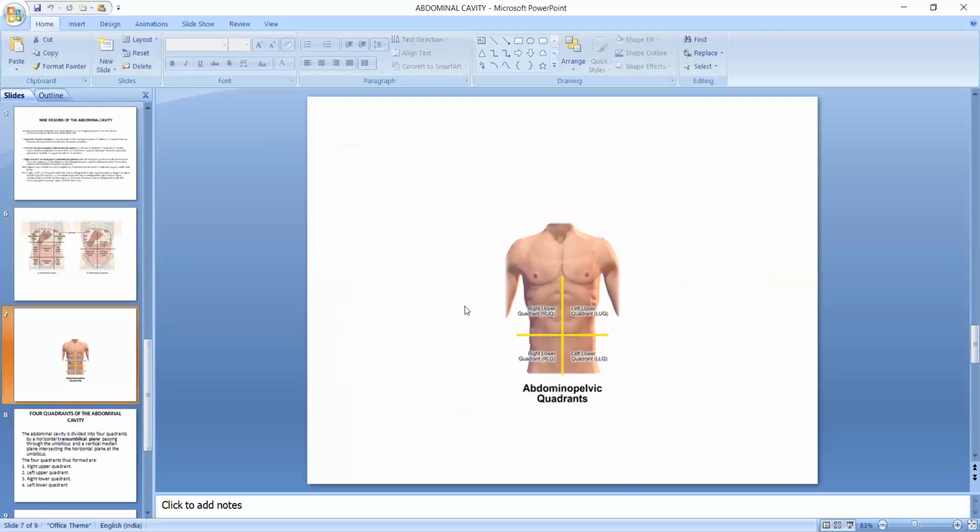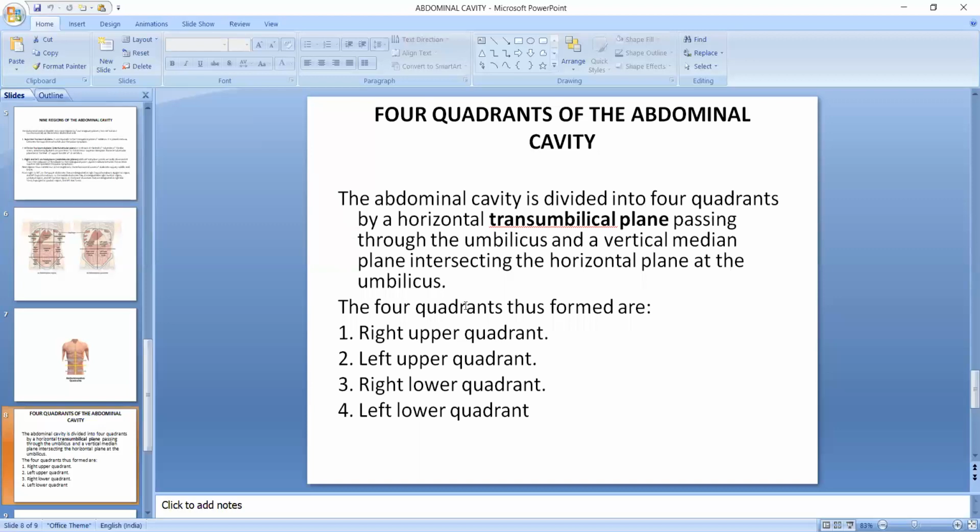And we can divide the abdominal cavity into quadrants also. So how can we divide it into quadrants? The four quadrants of the abdominal cavity are divided by the horizontal transumbilical plane passing through the umbilicus and a vertical median plane intersecting the horizontal plane at the umbilicus.